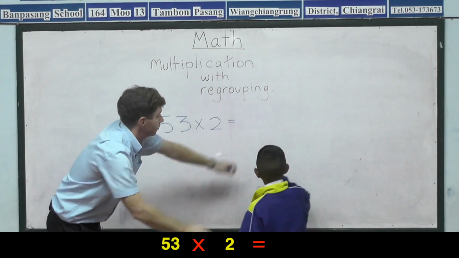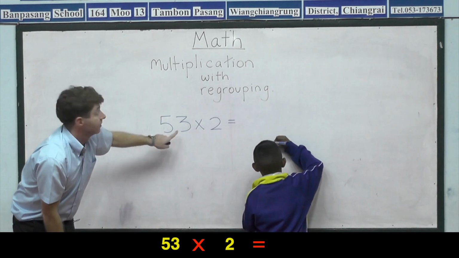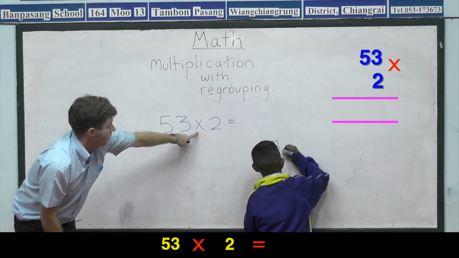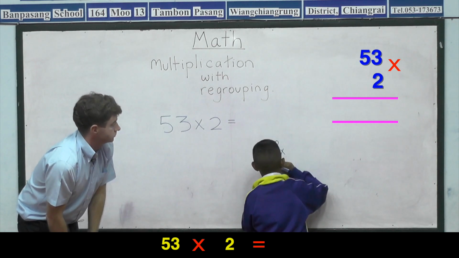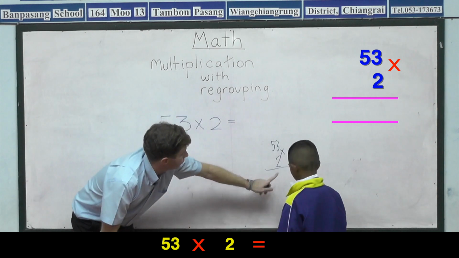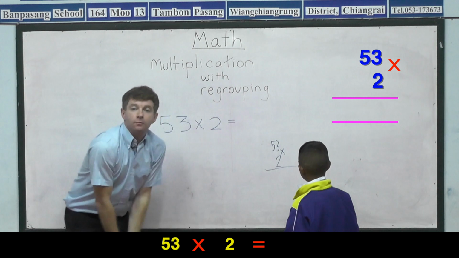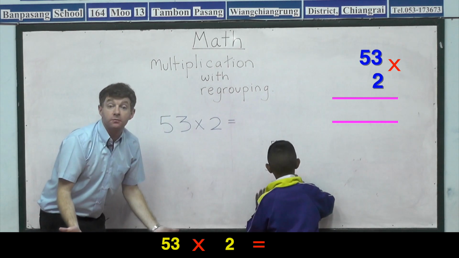Pat, over to you. Can you draw it in your table here? So first thing we need to write 53 our times sign 2. Excellent. So what's our first step we need to do? We need to go 3 times 2 equals 6. Do we need to regroup?